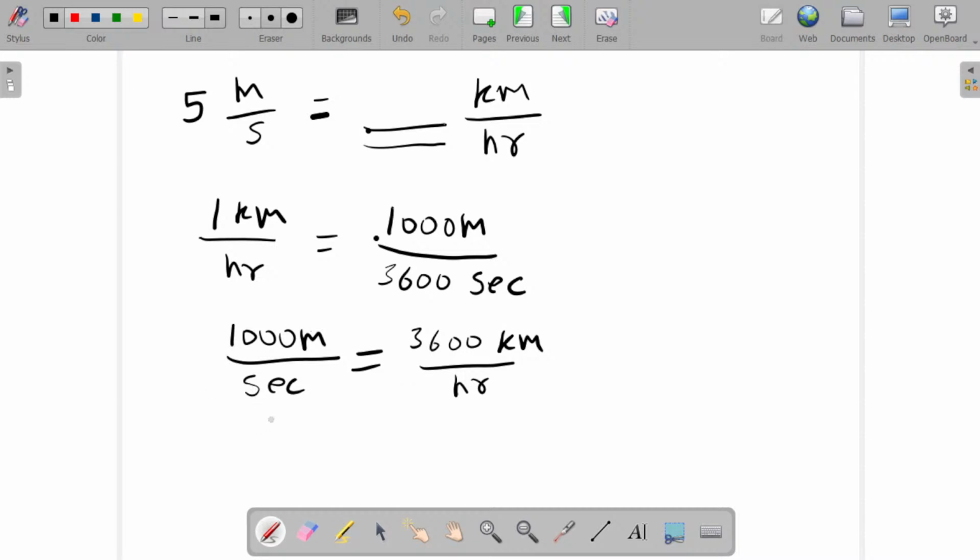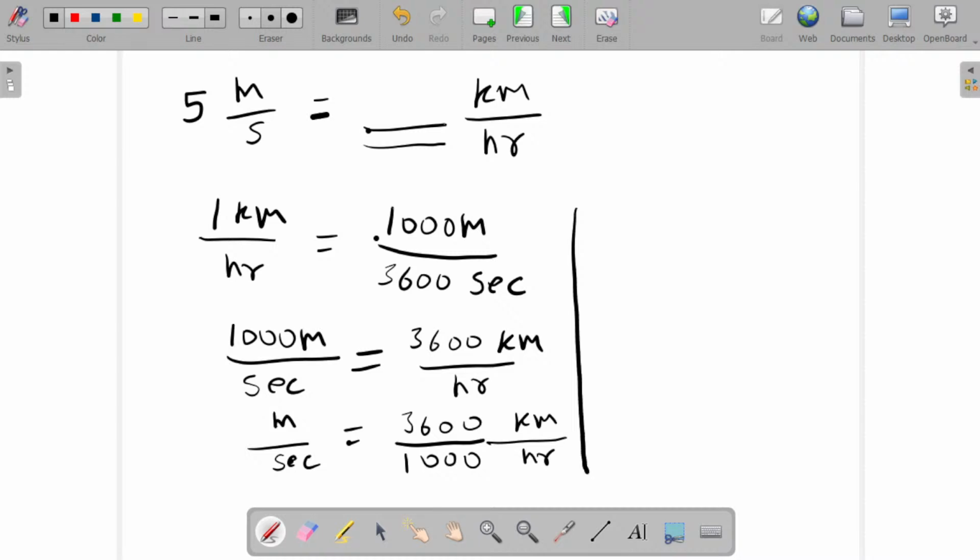So 1 meter per second equals 3600 divided by 1000 kilometer per hour, which is 36 by 10 kilometer per hour.